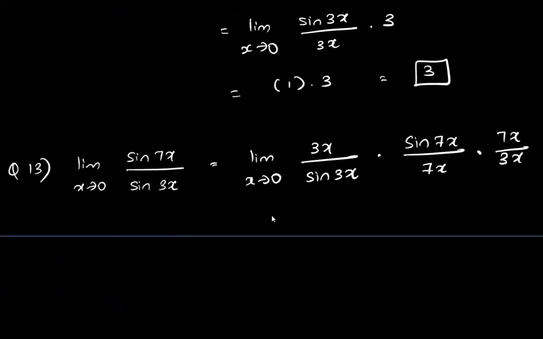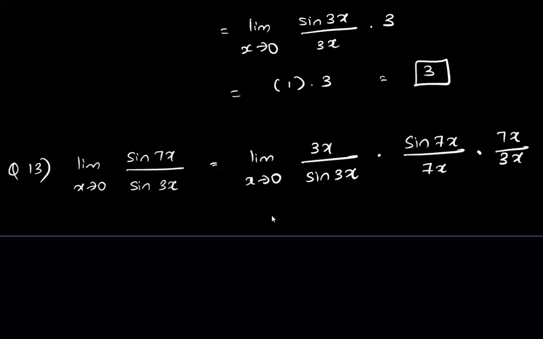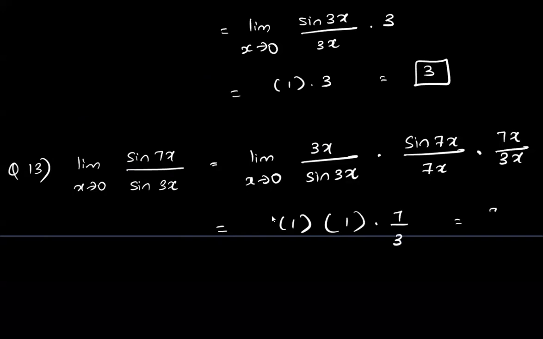So basically, if you reduce all of this, what will remain is only sine 7x over sine 3x, which was the original problem. So I multiply by 3x, but I divide by 3x so that they cancel away. I divide by 7x, but I multiply by 7x so that they cancel away. Now this limit is 1. This limit is also 1. And this reduces to 7/3. So the final answer here is 7/3.